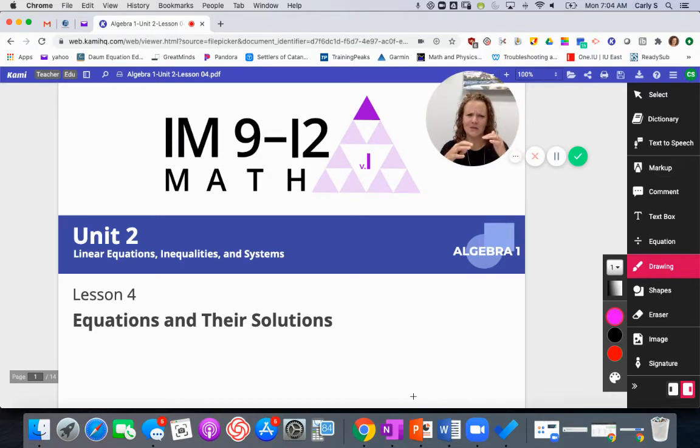You always get down to the bottom of an equation and you see, like, x equals 4. Well, that means you can take that 4, plug it back into the equation, and it works out to be a true statement. So that's what we're going to do. Today we're going to verify, find solutions, and check if values work.